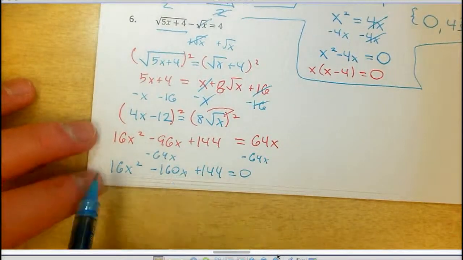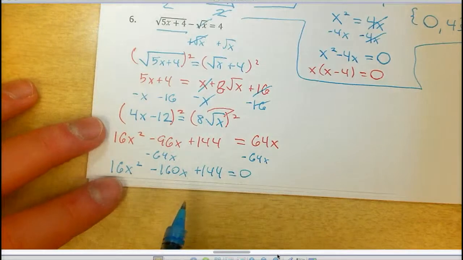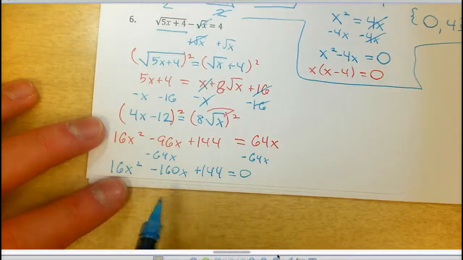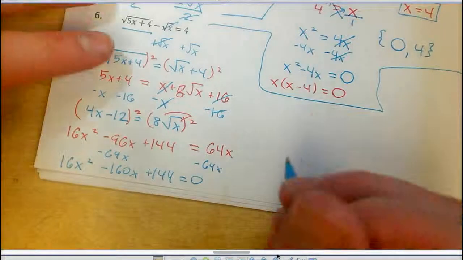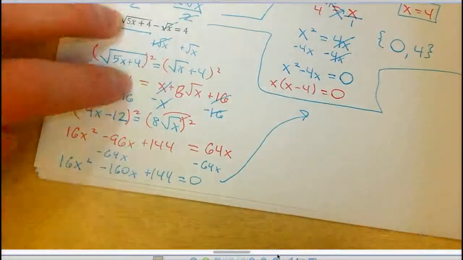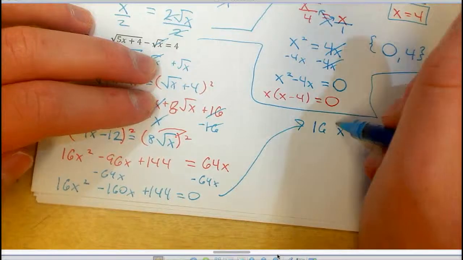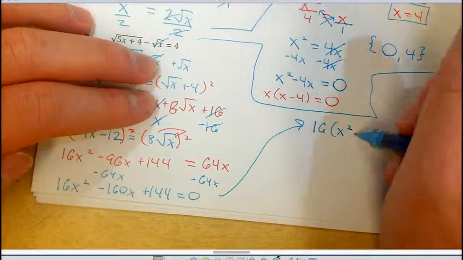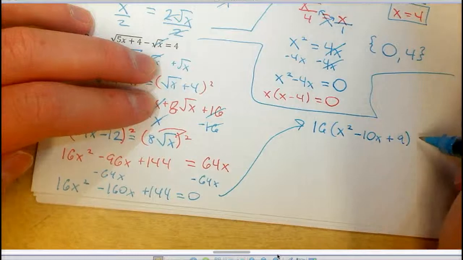I'm not sure if it goes into 144, but that's what a basic calculator is for. If you try 144 divided by 16, you can see that it does go into 144, and so that means if I move up here, I can actually factor out a 16 from everything. So I get 16 times the quantity x squared minus 10x plus 9 equals 0.